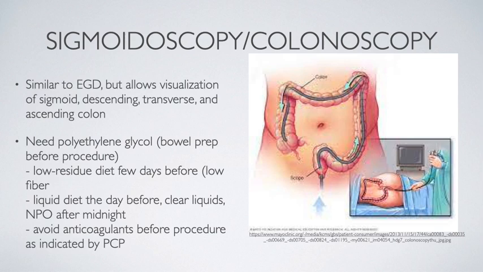So you want like that 6 to 8 hour window of nothing in the GI system. Clear it out, make it as clean as possible, allow them to view it. And also, this can cause trauma, so you want to avoid anticoagulants, antiplatelets as directed by your practitioner before the procedure.